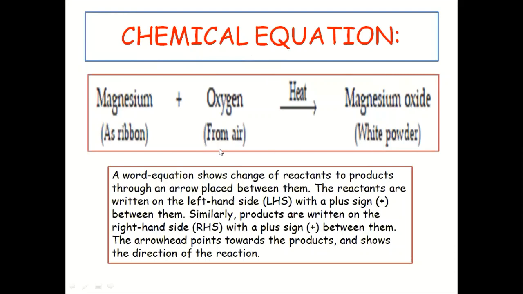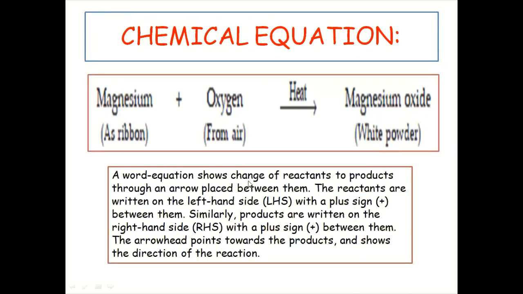So what is a chemical equation? A chemical equation is shown with the help of some words or some letters. The elements are shown and an arrow is given, as well as the conditions, and everything has been given to just write the reaction on paper.